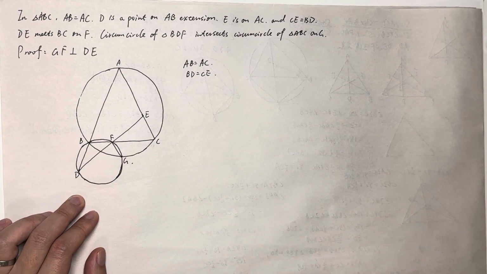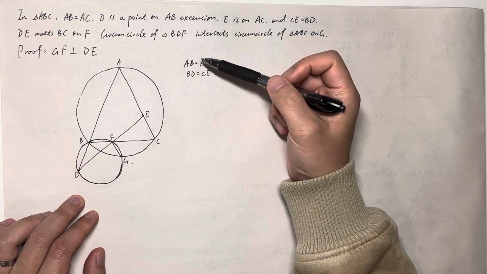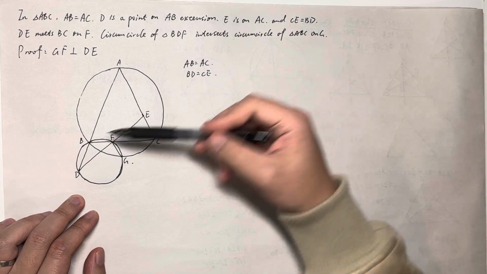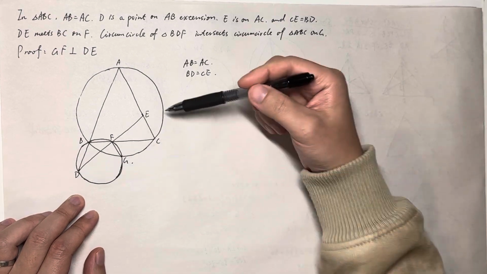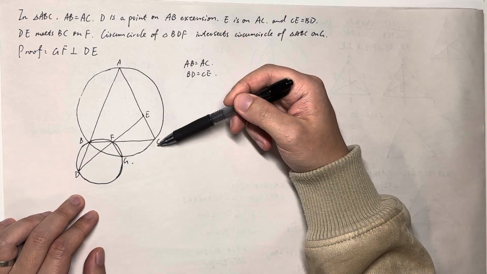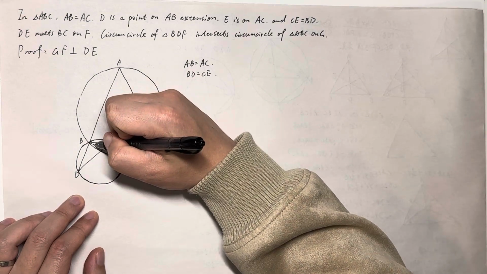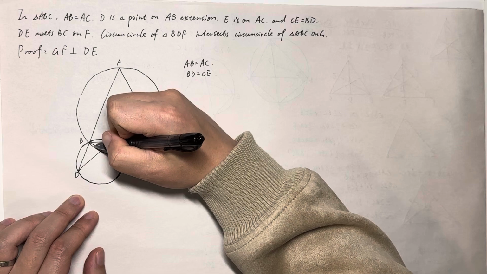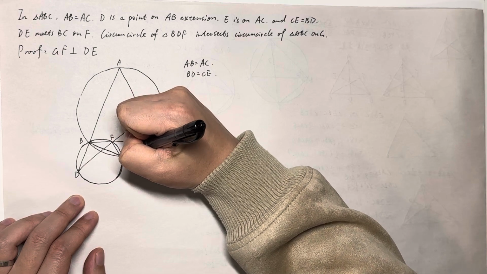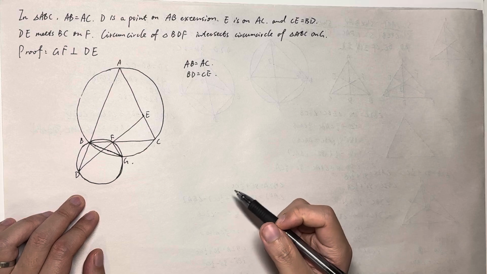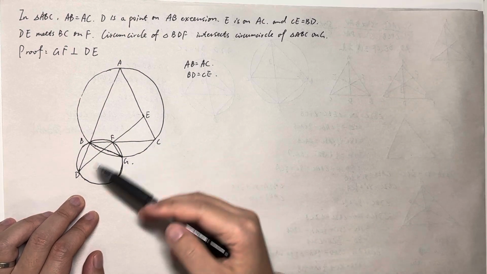So the first thing we need to think about is how to use BD equals CE. BD is here, CE is here. So if we connect BG, this is actually like a fixed step when we have two intersecting circles, right?